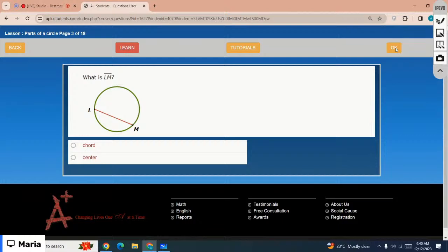Which is the correct option? Chord it is, right?